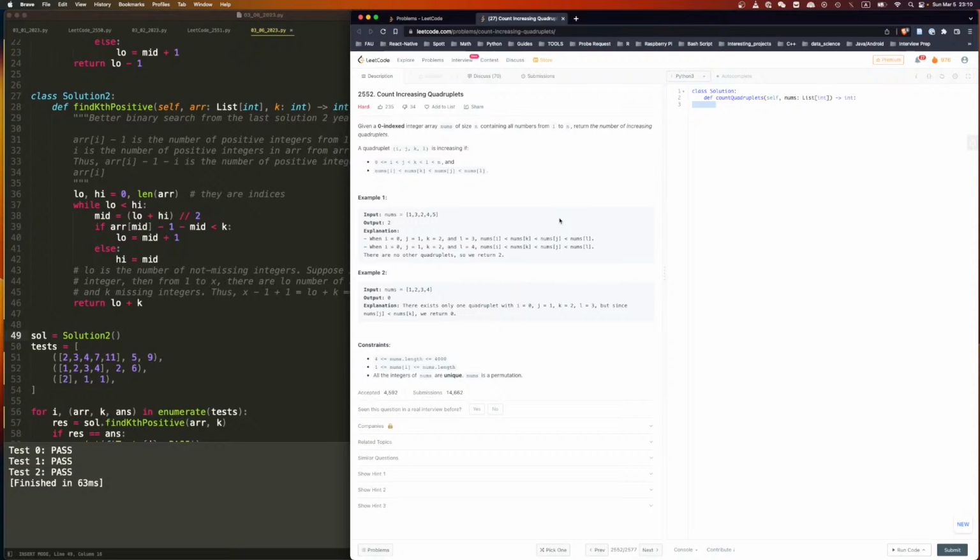Ooh, this one's tough. Oh, no clue. No clue whatsoever. Well, how about, I mean, basically we have a little peak, right? The first 3. So we need to find peaks.